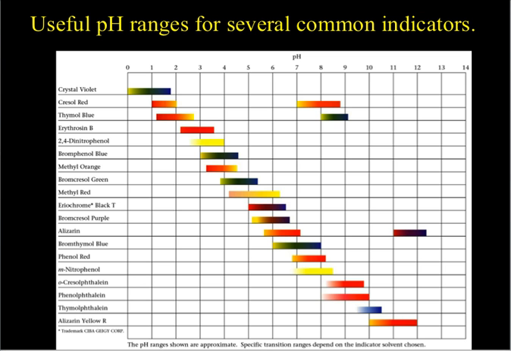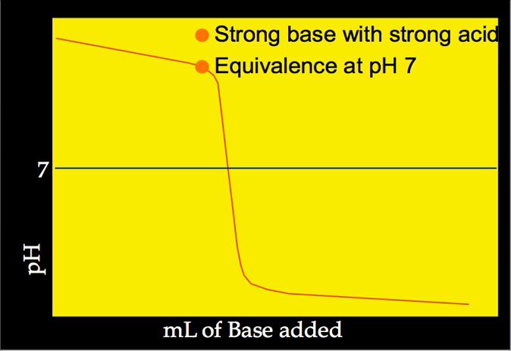Conversely, this titration curve shows a strong titration, except this time what is in the burette is a strong acid and what is in the flask below it is a base.